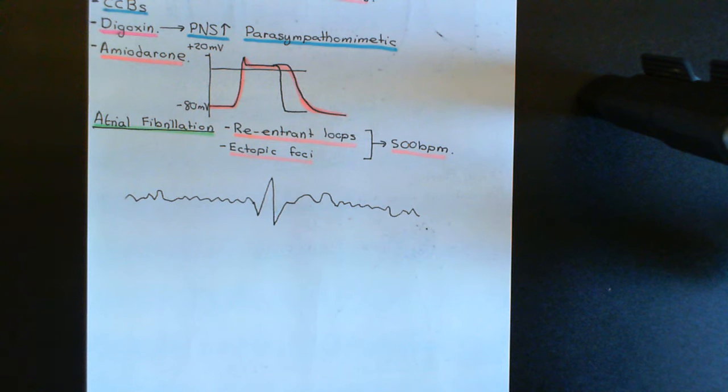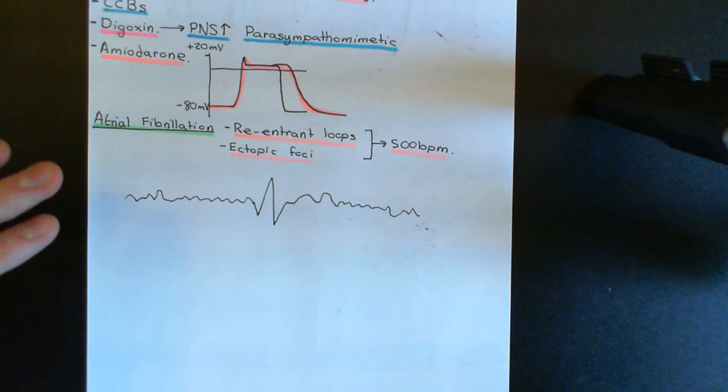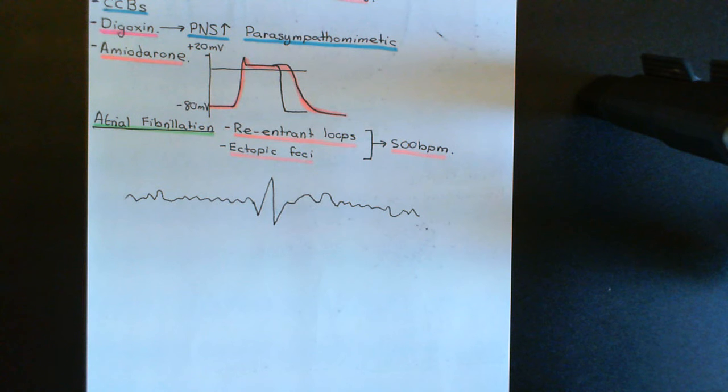So of course, if the means by which the electrical signal has been generated is coming from at the top of the atria, then we'll have anterograde conduction, and therefore we'll have upward deviation from the isoelectric line. And if the reentrant loop or the ectopic focus is near the bottom of the atria, then we'll have retrograde conduction of the electrical signal up the walls of the atria, and therefore you'll get downward deflection from the isoelectric line. Okay, right, so that's what the ECG then will look like for atrial fibrillation.